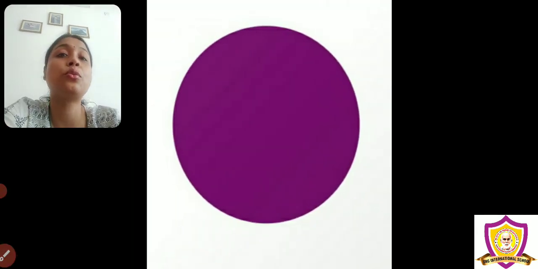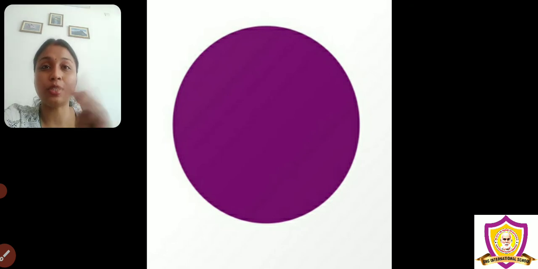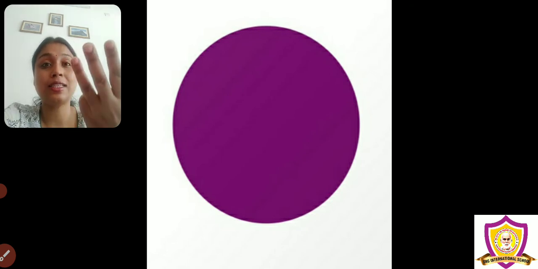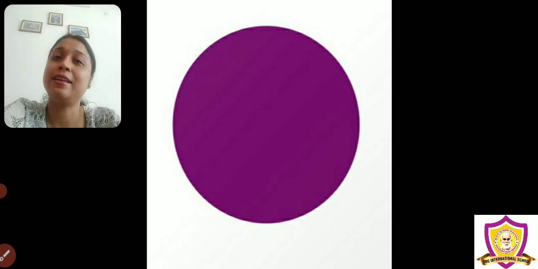Now we will come to the next shape which has no side. Yes, it is circle. Circle is the only shape which has no side. See, square and rectangle have 4 sides. Triangle has 3 sides, and circle has no side. Yes, there are so many circle things around us. First of all, that one rhyme we have learned.